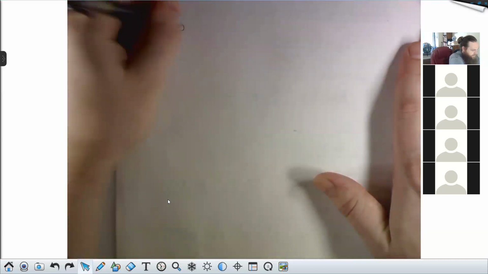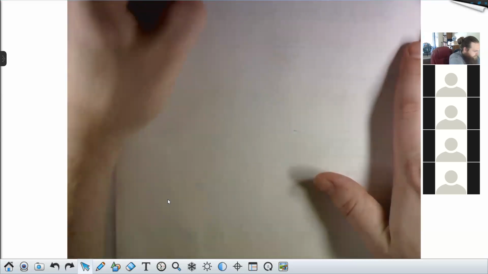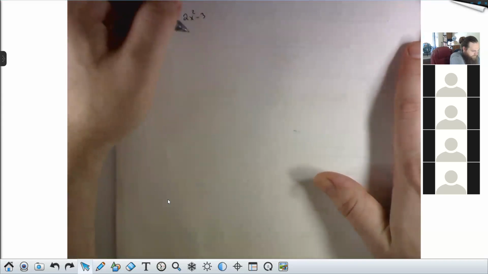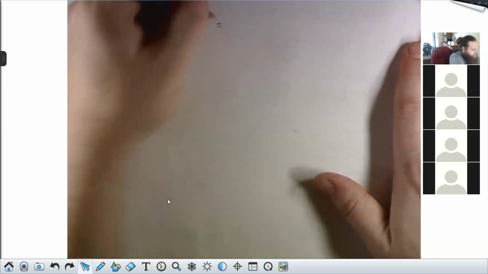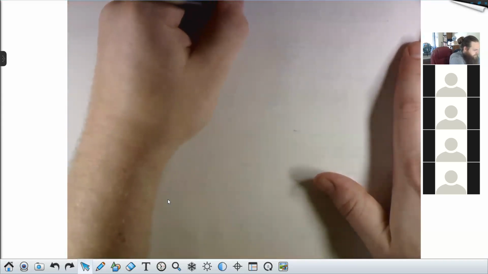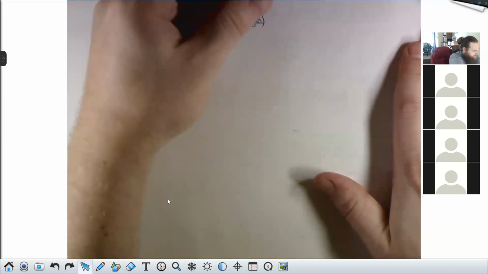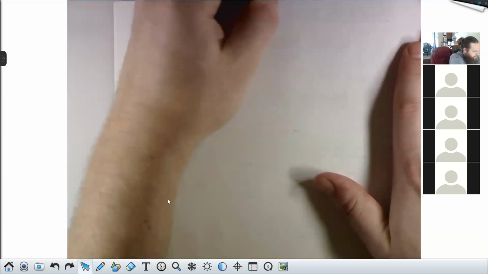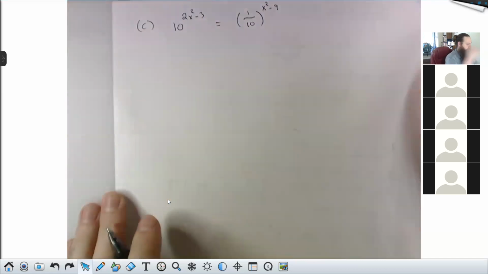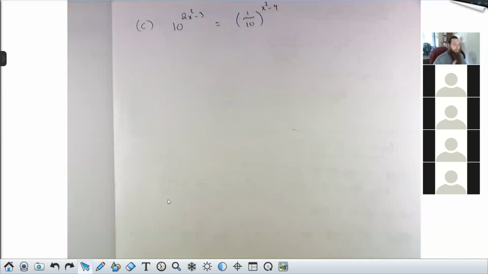Suppose I have 10 raised to the power of 2x squared minus 3 is equal to 1/10 raised to the power of x squared minus 9. The left-hand side is a power of 10.